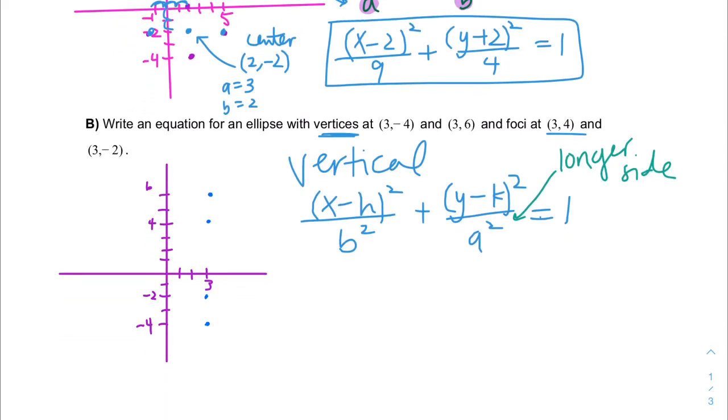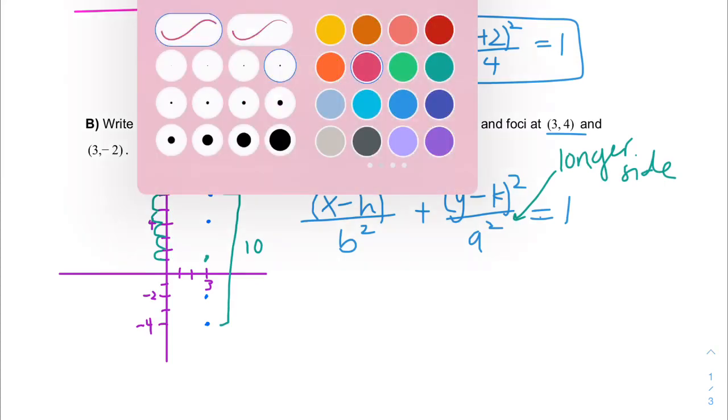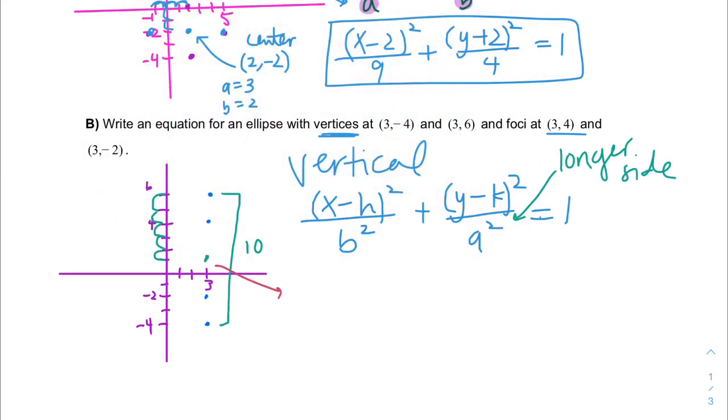So we need to figure out the center. We can do that the same way. You just take the distance from one vertex to the other vertex. It's a total distance of 10. You just split that in half, so that's 5. So 1, 2, 3, 4, 5. That brings me here at the point, which is 3, 1.